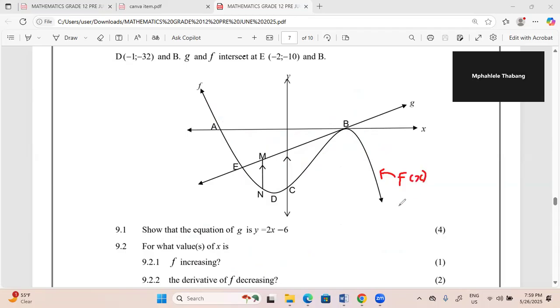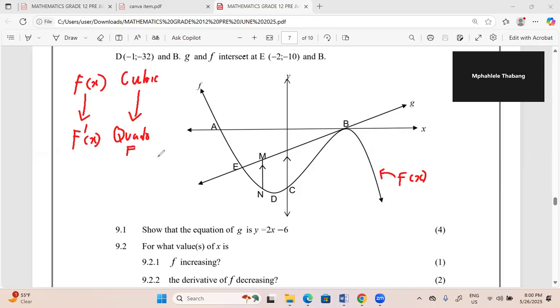What you guys have to know or to recall, I'm giving you this information and I will need you guys to remember it. If we look at the function f of x and its derivative, the function f prime of x, the function f of x is a cubic function, and its derivative is a quadratic function.